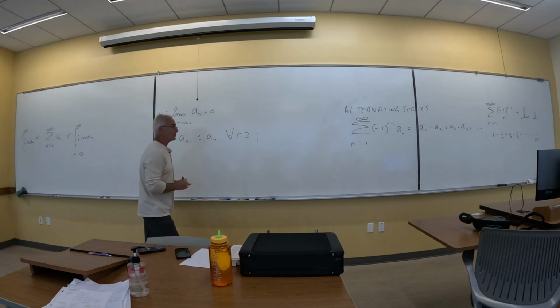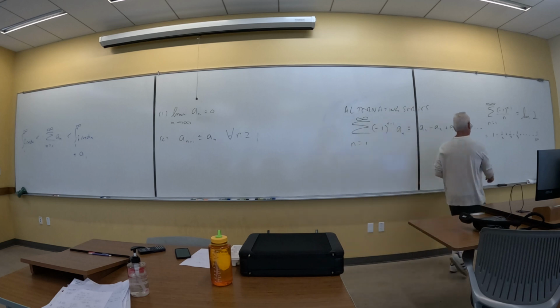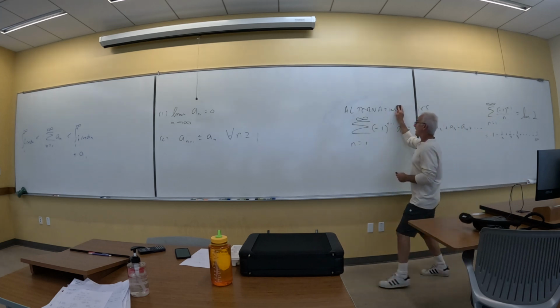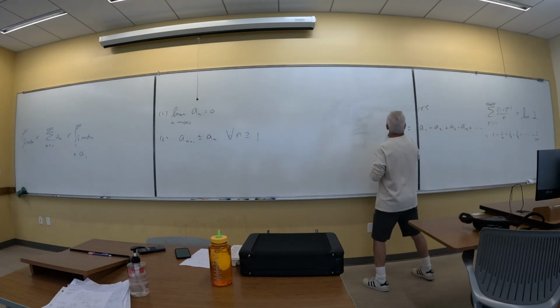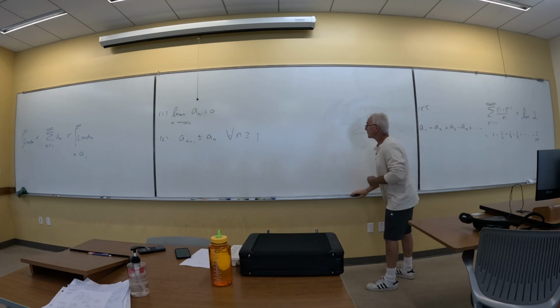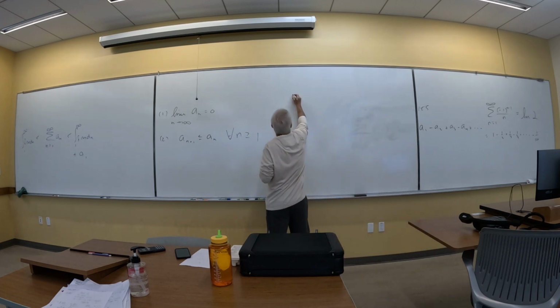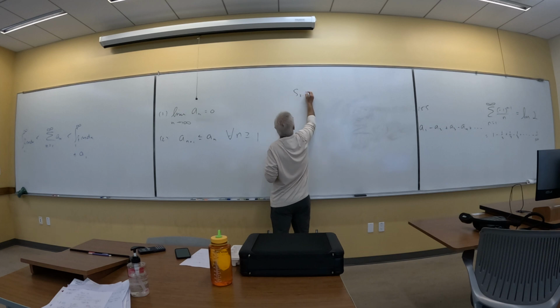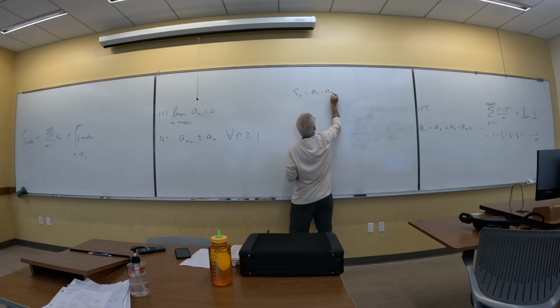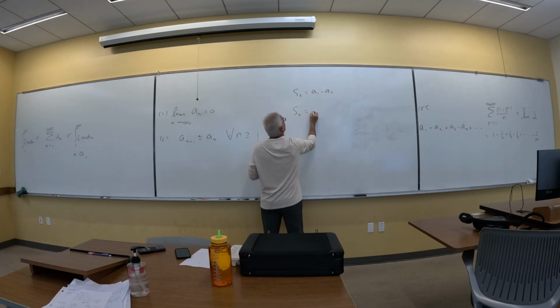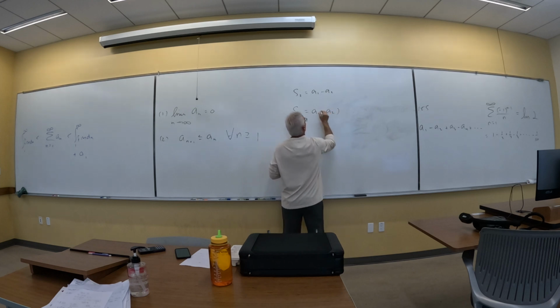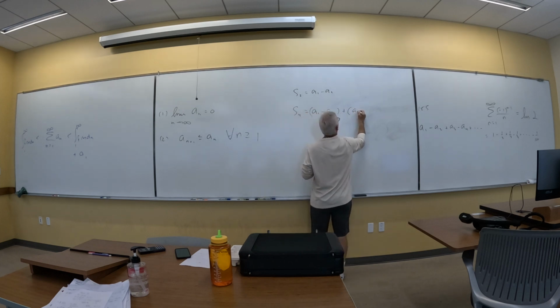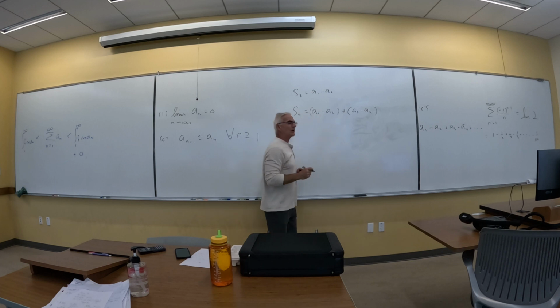So let's look at our alternating series, this guy here. And what I want to do is look at the partial sums. So the first partial sum I want to consider, first of all, what would S_2 be? Well, that'd be a_1 minus a_2. All right. What's S_4? Well, that'd be a_1 minus a_2 plus a_3 minus a_4. Agreed?